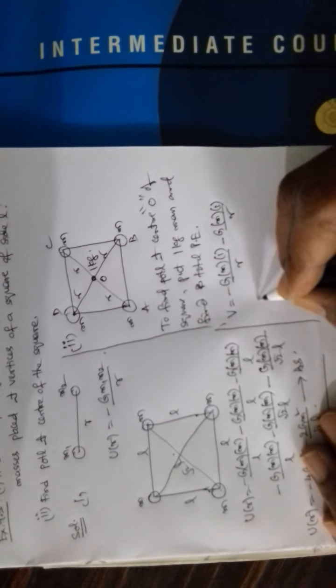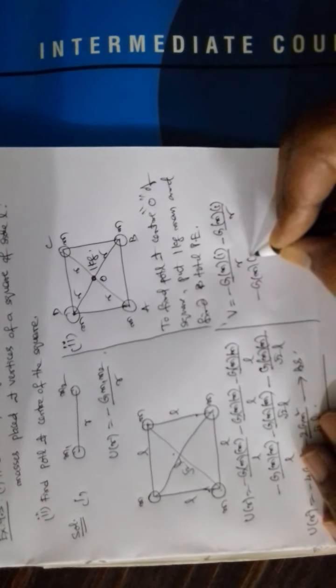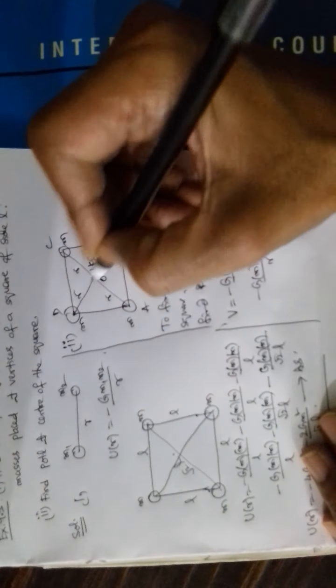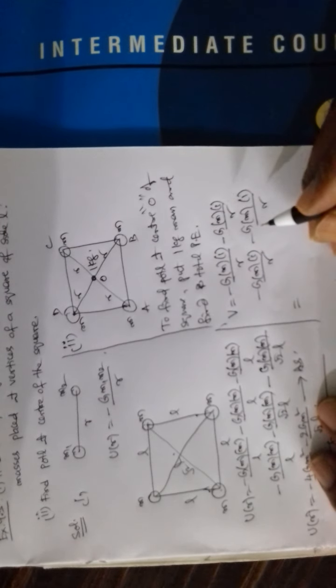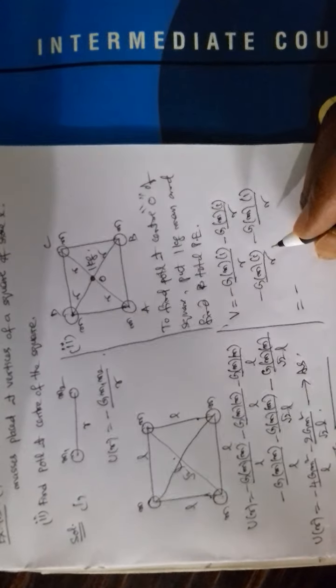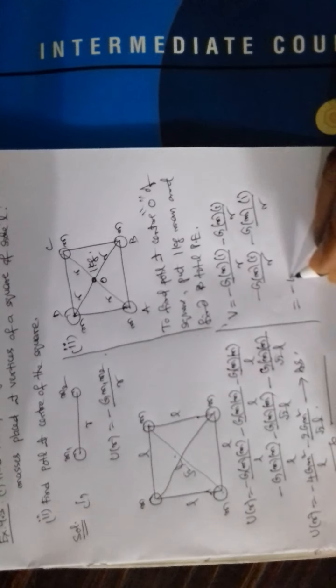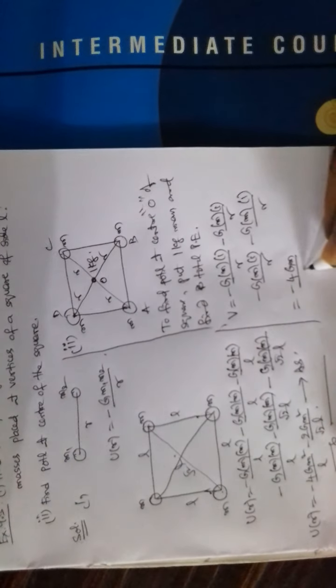Now these two. Now these two. So all the terms are identical. So minus 4 G M by R.